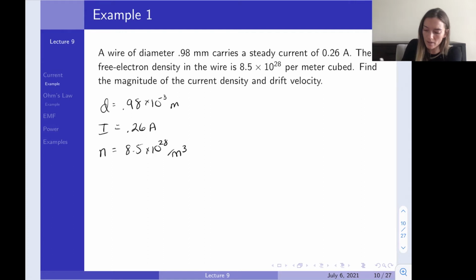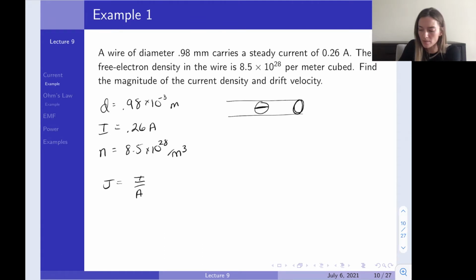So our current density we can find using this equation, right? Because our current density is just the current divided by the cross-sectional area. And if we have the current and we have the diameter of the wire, we can easily find its cross-sectional area. So imagine we have a wire like this, and its diameter is basically 1 millimeter.